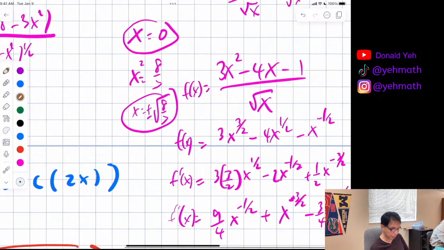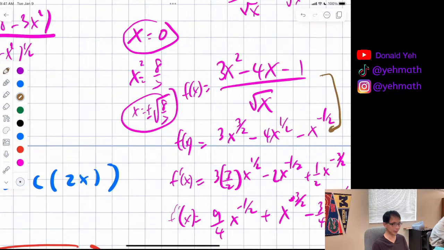Okay, I will not do chain rule. I will not do quotient rule, just because that's idiotic. There is a polynomial over a monomial. I'd rather do power rule. If I can avoid quotient rule to do power rule, I will do power rule any day. So I split all of them, and I got this. This is the splitting part.